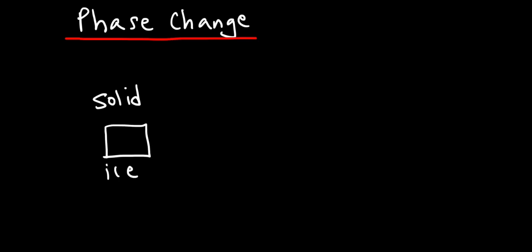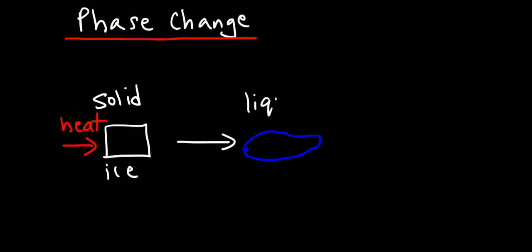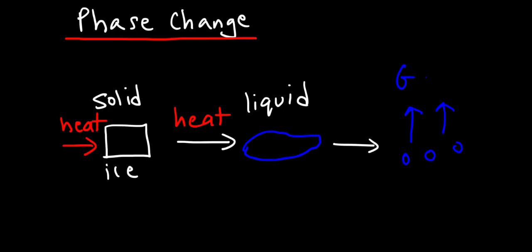If we add heat to ice, it's going to melt and turn into basically a puddle of water. So it turns into a liquid. Now, if we add more heat to this liquid, it's going to vaporize into a gas. And so what happens is it becomes steam.